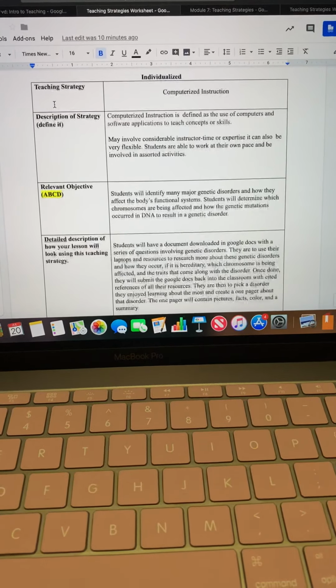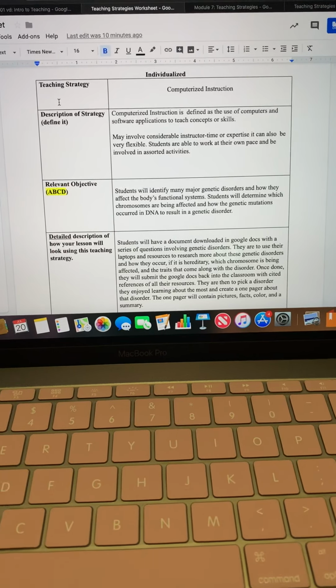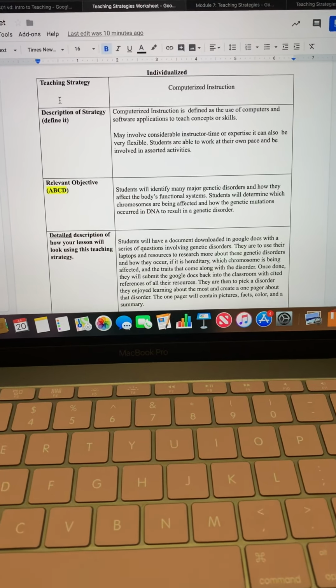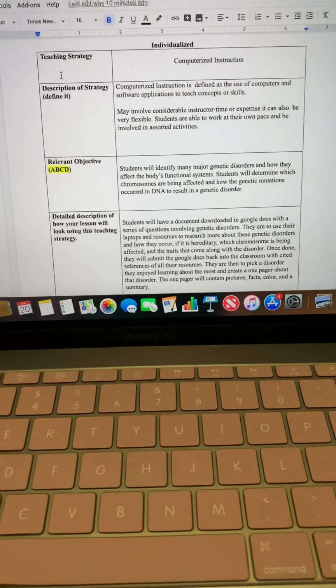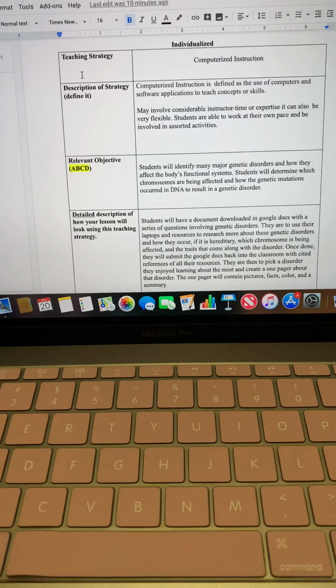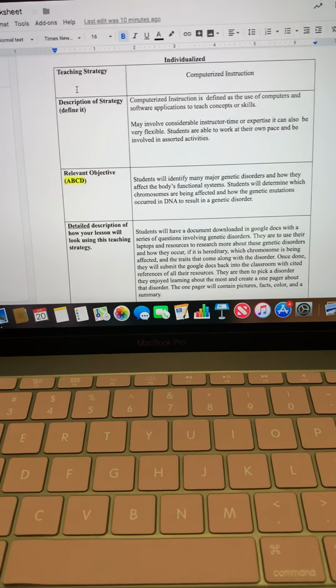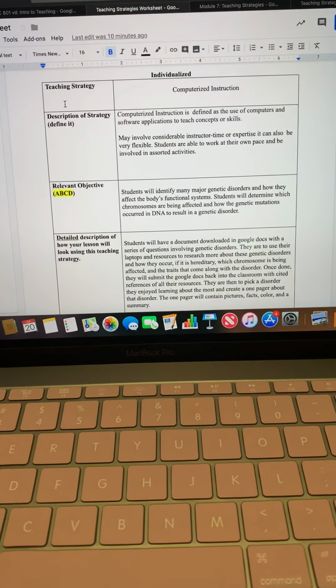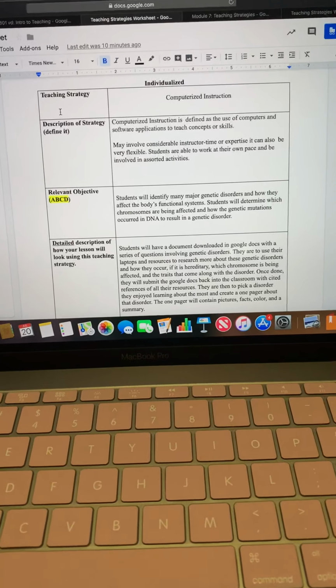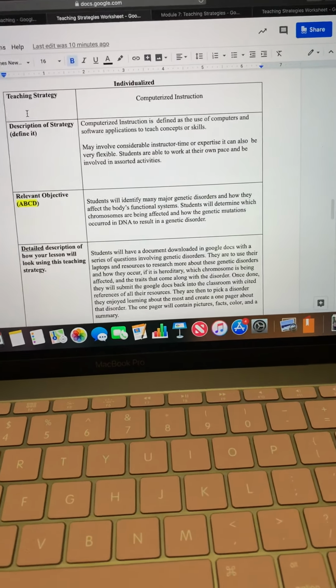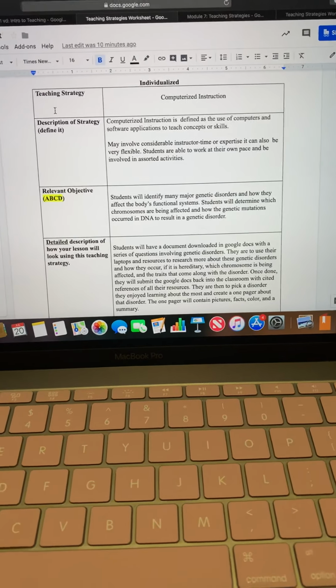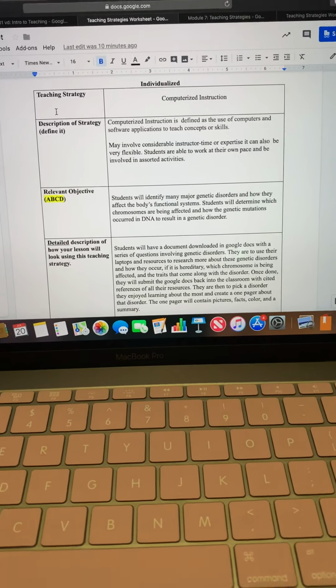The next one I chose was Computerized Instruction for the individualized teaching strategy. I chose this one because I felt like it would be nice for the students to actually take a break away from the classroom and the traditional teaching and paper and pencil, so being able for them to use their computer and everything like that.